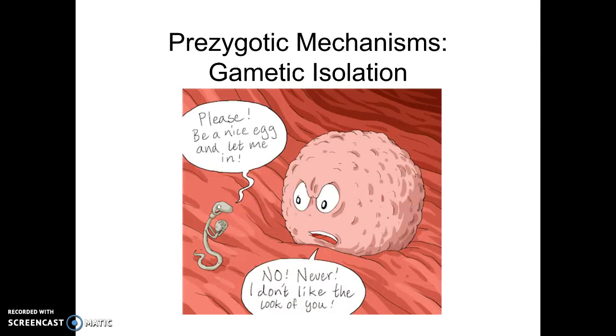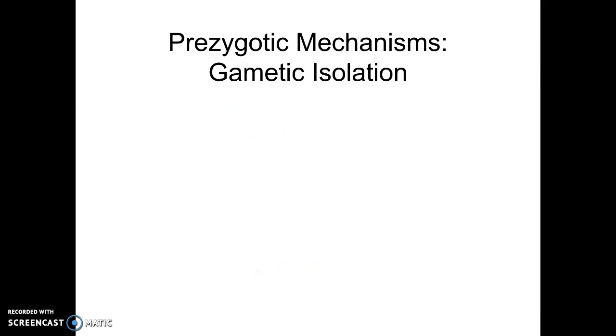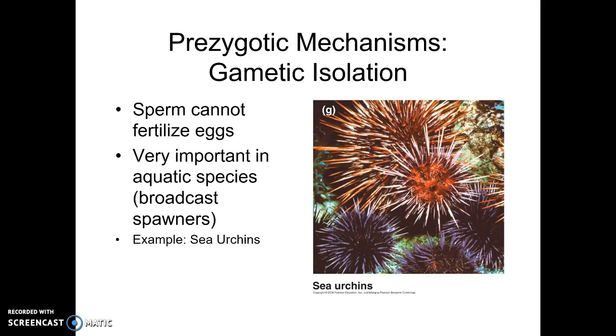All right, the next pre-zygotic mechanism is that the gametes don't like each other. Two separate species might find each other and might actually try to mate, but the egg and sperm don't like each other enough to actually fertilize. We see this a lot with animals in the ocean.